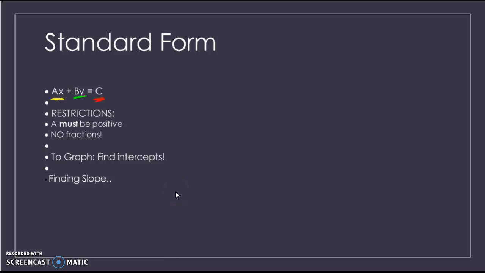To graph in standard form, you find your intercepts, and we're going to figure out finding the slope right now. If I have ax plus by equals c, slope-intercept form is a pretty easy way to find slope, and that's when y is by itself. So I'm going to start by subtracting ax. Then we've got by equals negative ax plus c.